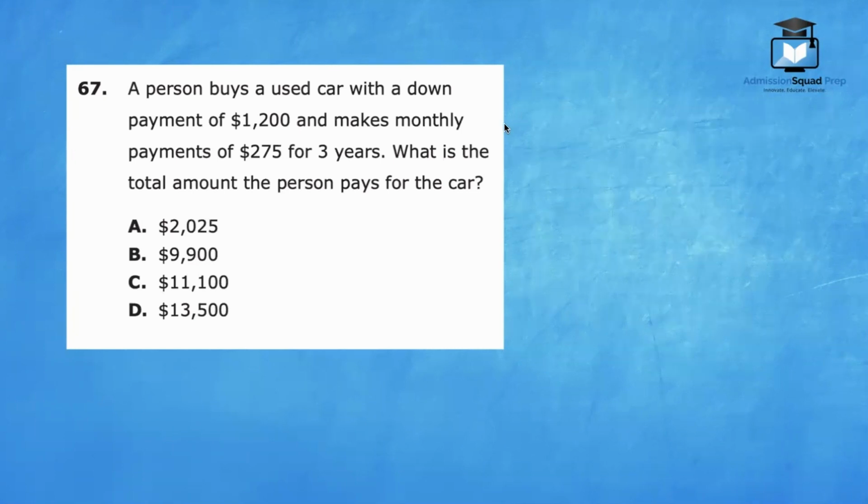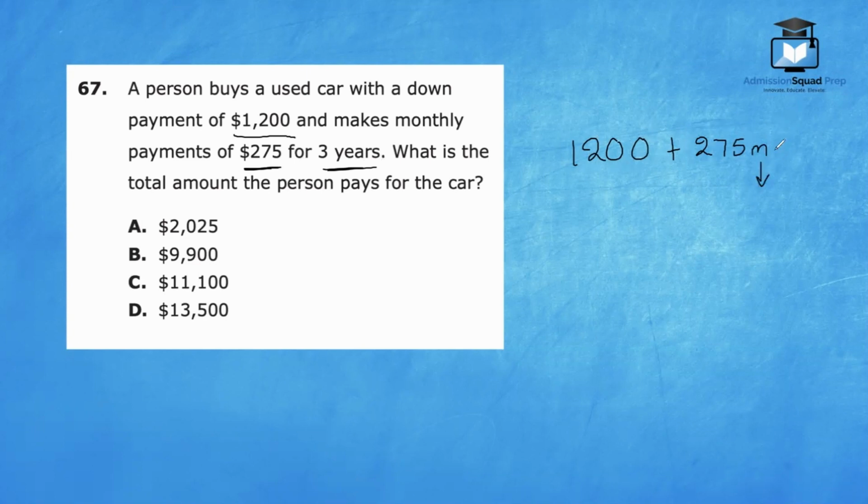Number 67. A person buys a used car with a down payment of $1,200, so that's the initial amount that was paid up front, and makes monthly payments of $275 for 3 years. So $1,200 plus $275 each month for a period of 3 years. What is the total amount the person pays for the car?